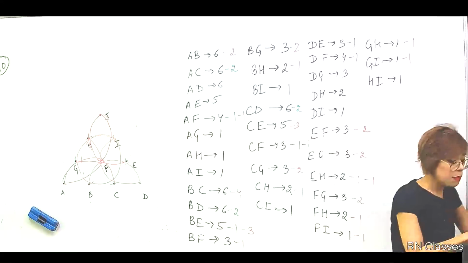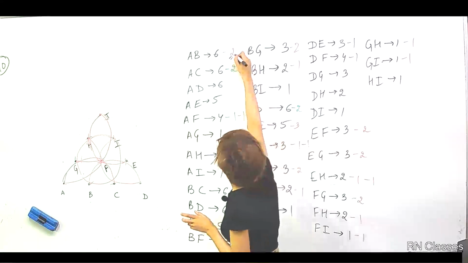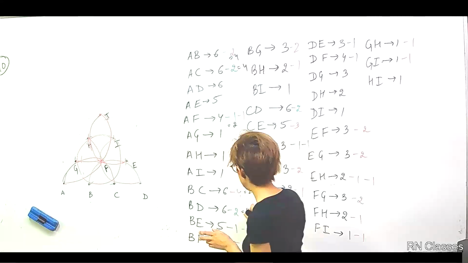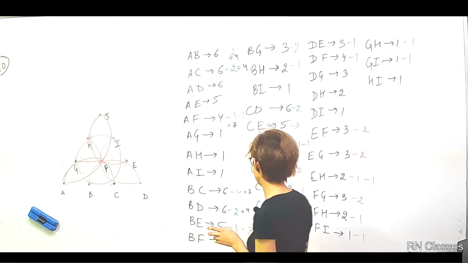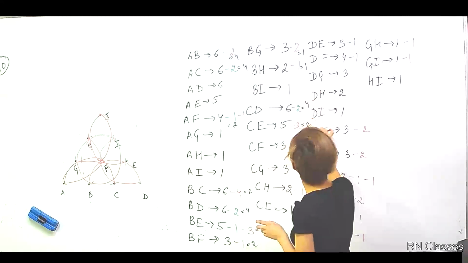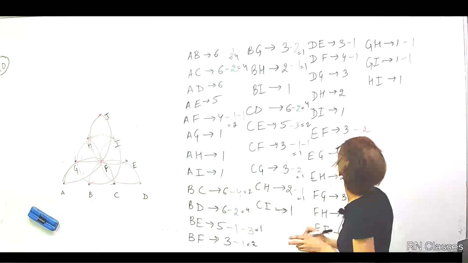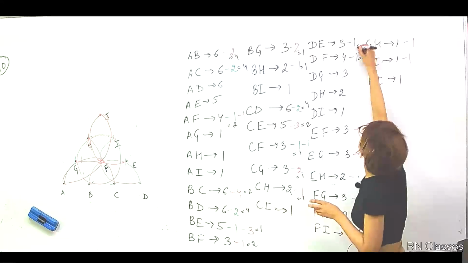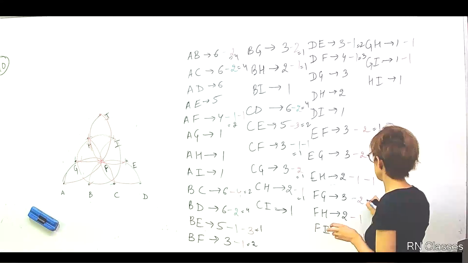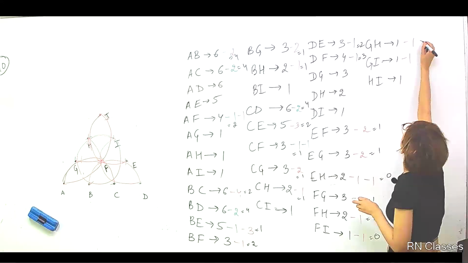This is 4, this is 4, this is 2, this is 2, this is 4, this is 1, this is 2, this is 1, this is 1, this is 4, this is 2, this is 1, this is 1, this is 1, this is 3, this is 2, this is 1, this is 1, this is 0, this is 1, this is 1, this is 0, and 0, 0.